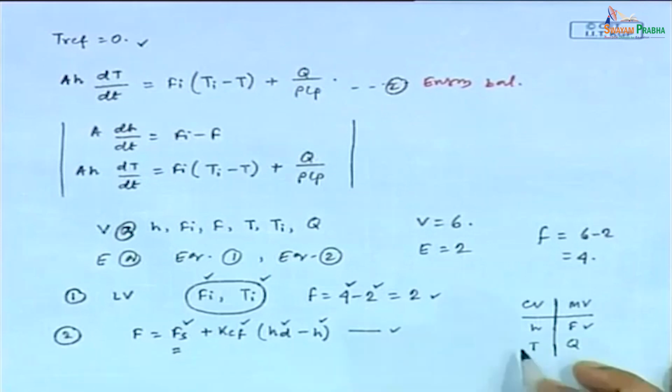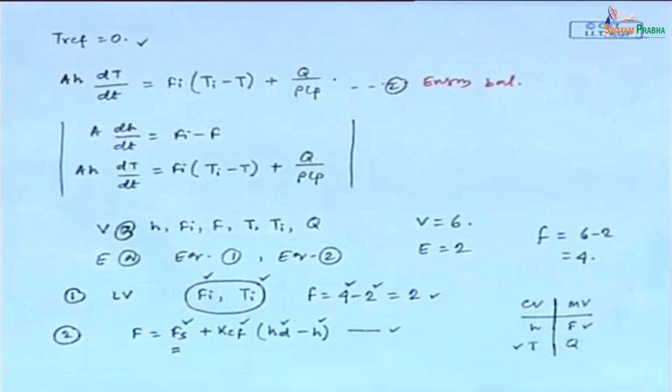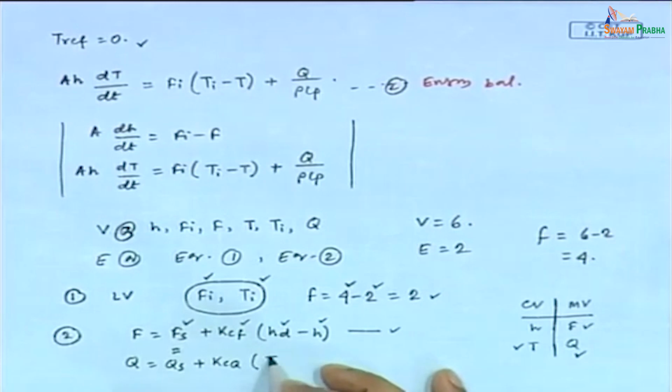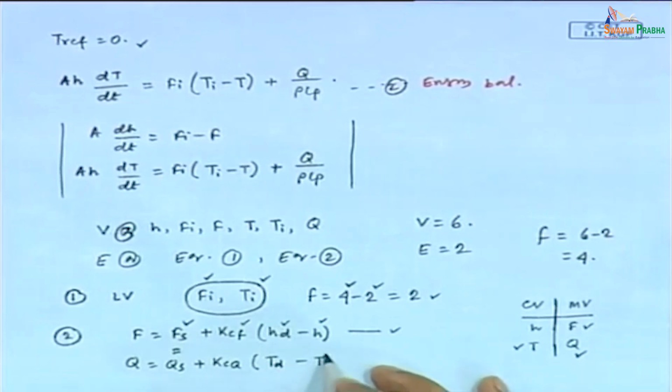Similarly, if we consider another control scheme for temperature, in which Q is the manipulated variable, we can add another equation, Q equals to Qs plus Kcq Td minus T. Fine.